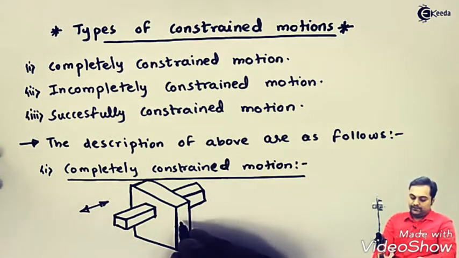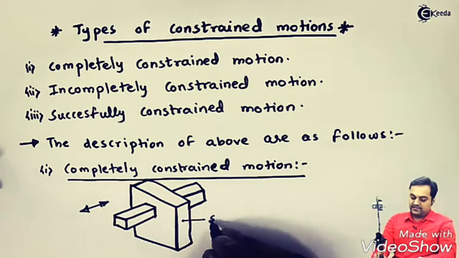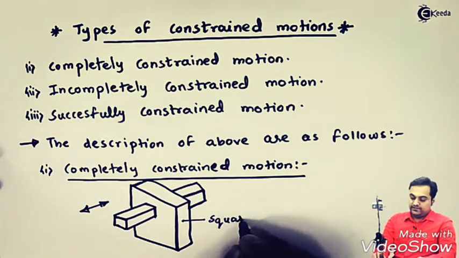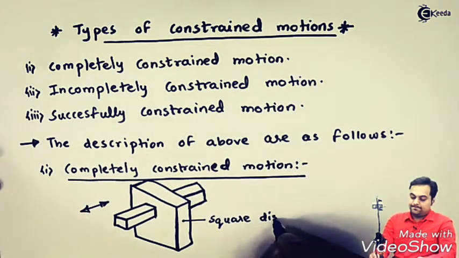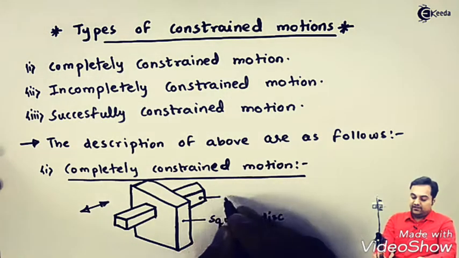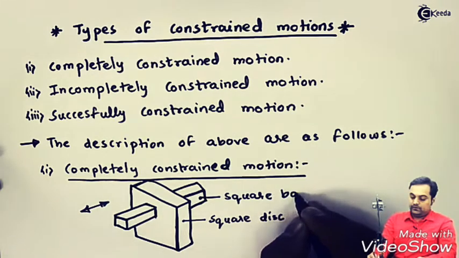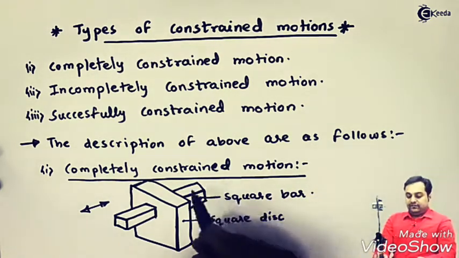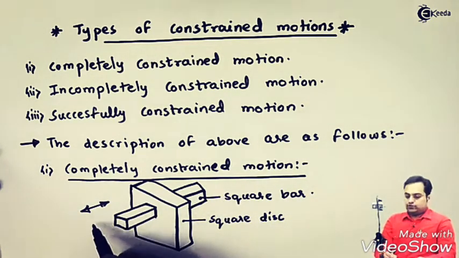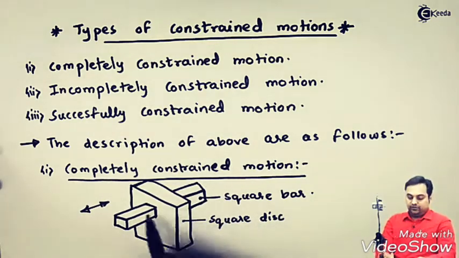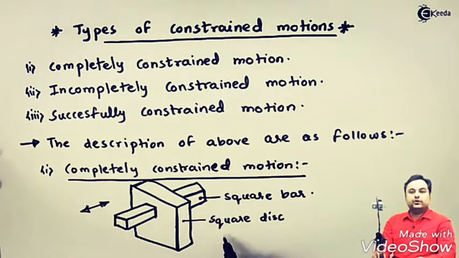Here we have a square disc, and here we have a square bar. Now in whichever direction we apply the force to the square bar, it will only reciprocate inside this square disc.